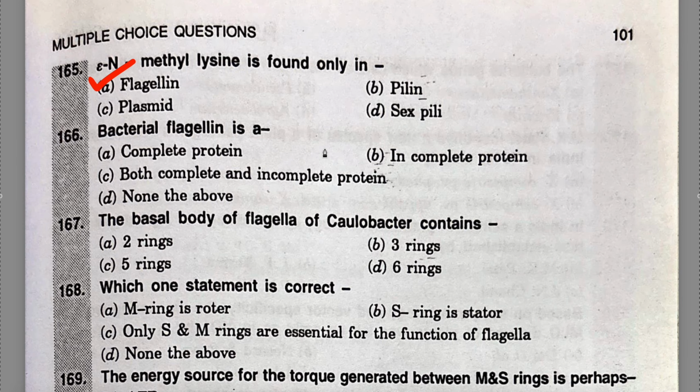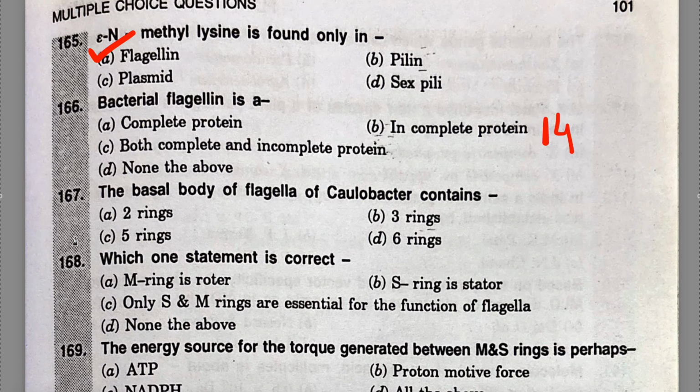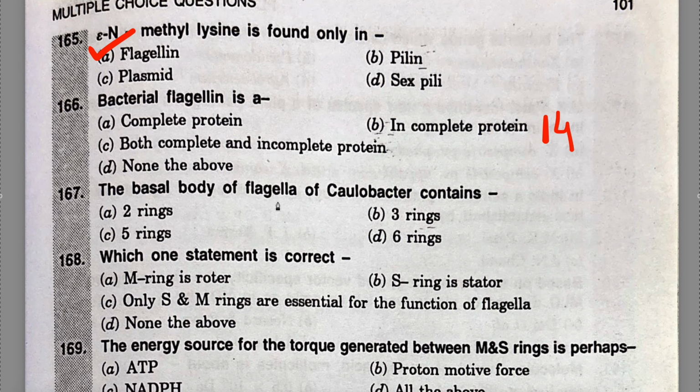We have discussed it in this video, in the first few minutes, right? So the flagellin is incomplete protein having how many amino acids? 14, right. Question 167. The basal body of flagella of Caulobacter contains 2 rings, 3 rings, 5 rings or 6 rings.